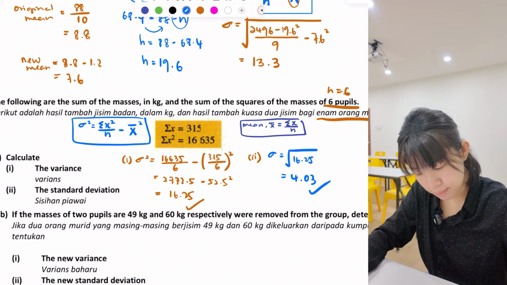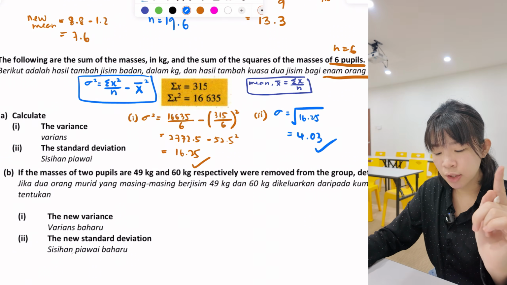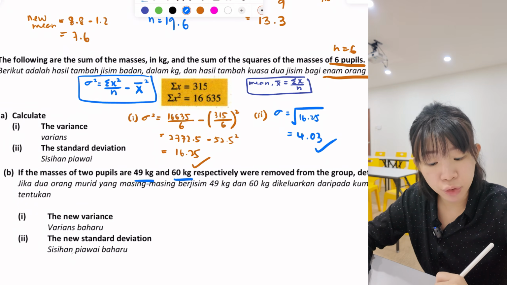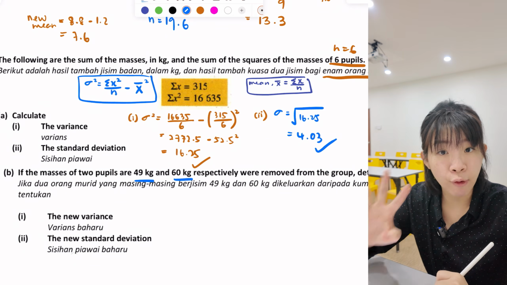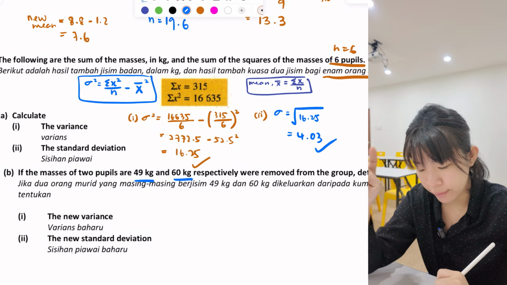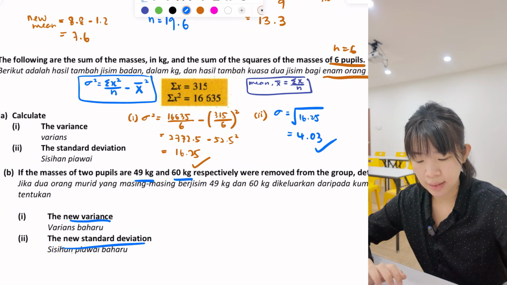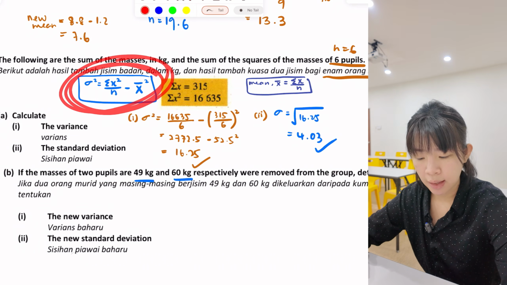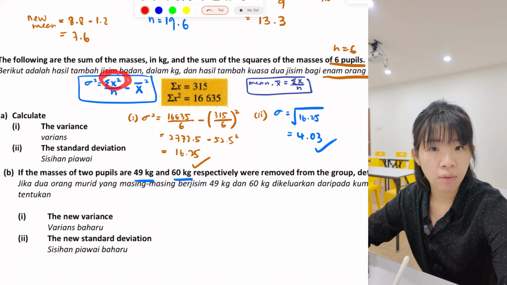Now part B. If the masses of two pupils, 49 kg and 60 kg, were removed from the group, now we are left with 4 people, correct? Find the new variance and new standard deviation. Look at the variance formula just now. What is the sum of x squared now?